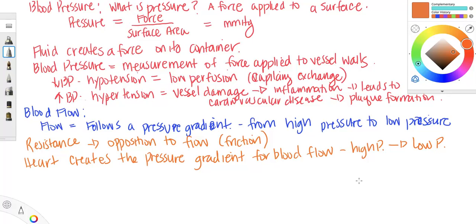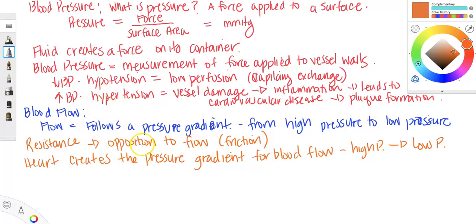And then as the blood flows from the aorta down through the systemic circulation, the pressure decreases all the way down. Then it gets to the capillaries and then out into the venules where it goes down even further. By the time it gets back to the heart, the pressure is almost zero.